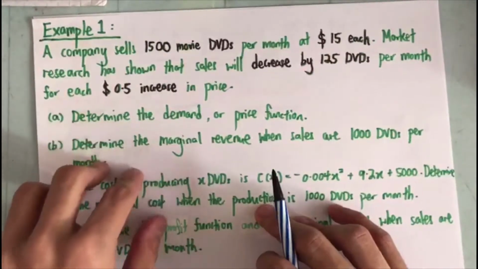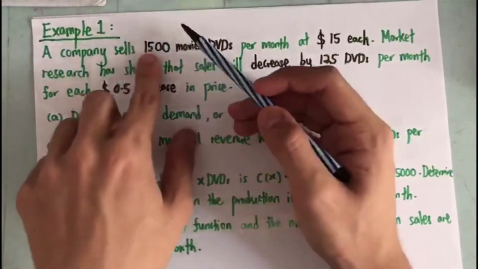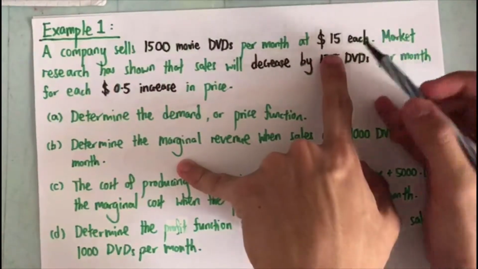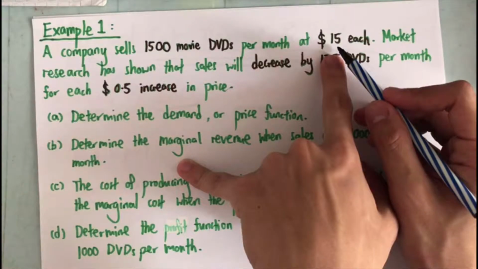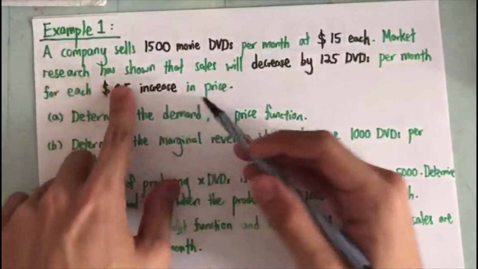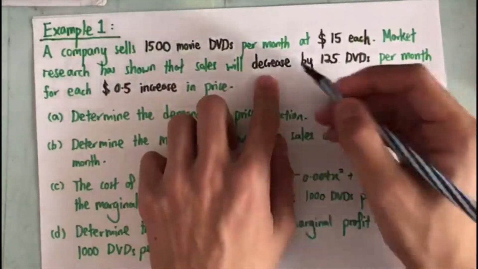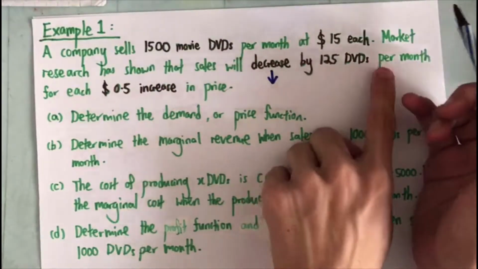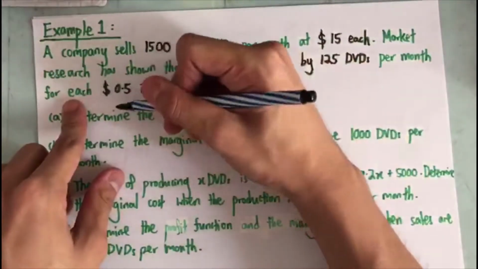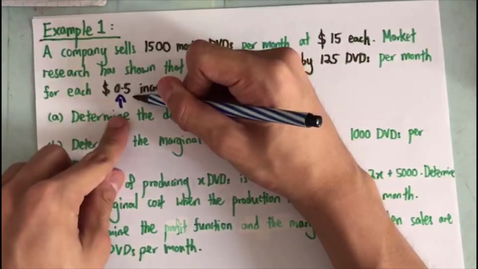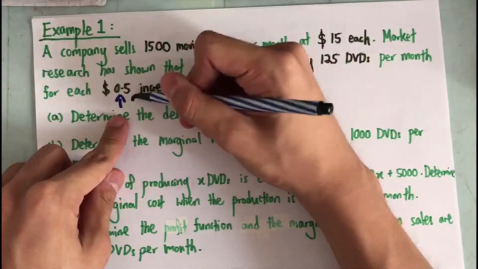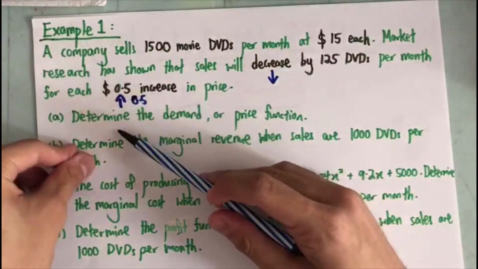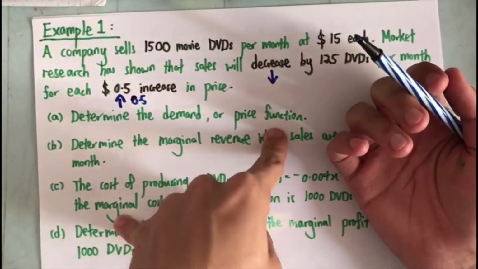The first question says, a company sells 1,500 movie DVDs per month and the price is $15 each. Market research has shown that the sales will decrease by 125 DVDs per month for each increase in price of $0.5. So let's determine the demand or price function.